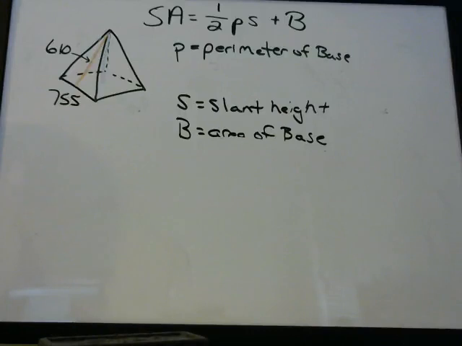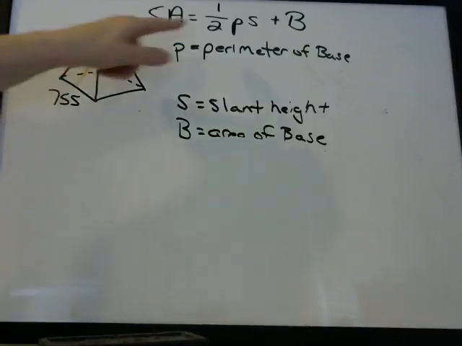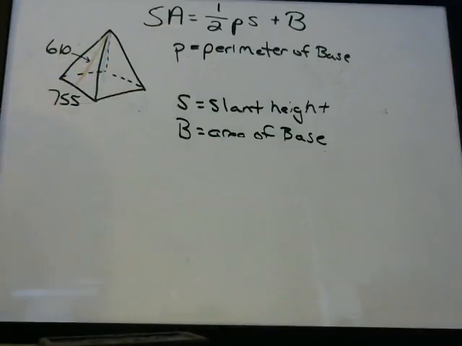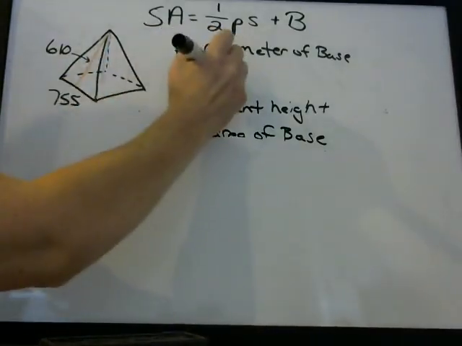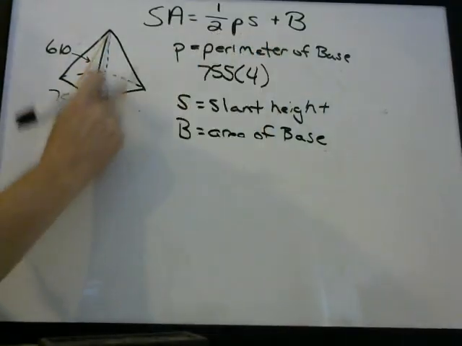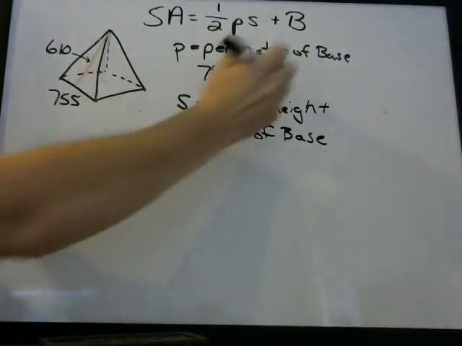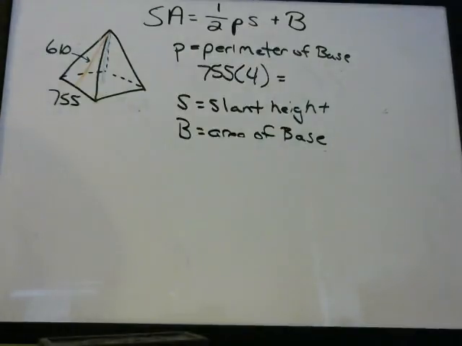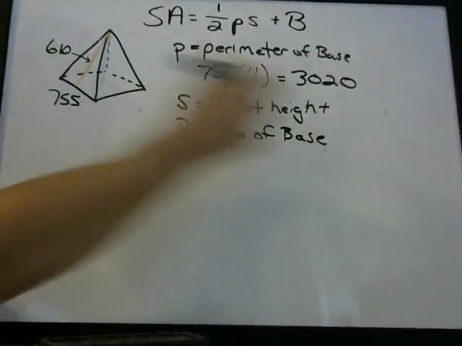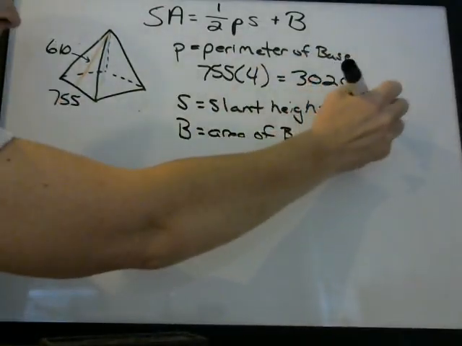So again, we do the exact same thing. 1/2 P. P is the perimeter of the base. I'm just going to do 755 times 4. You can do 755 plus 755 plus 755 plus 755, or 755 times 4. This is 3020 feet. Slant height is given to us, 610.